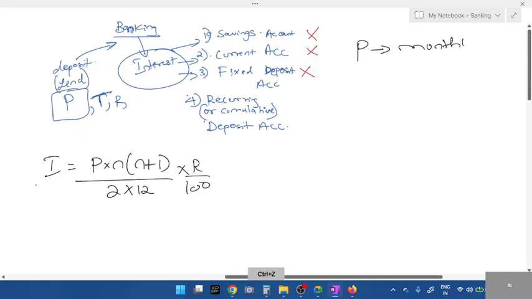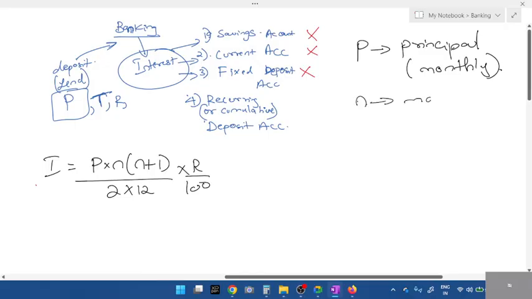P stands for principal. Make a note. Next, time period. T stands for N, that is the maturity period or time period. N stands for month.